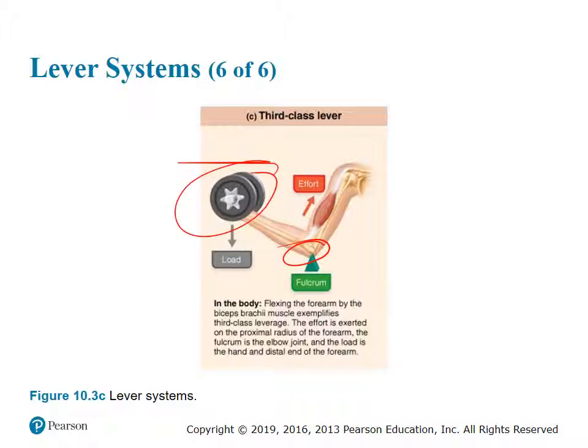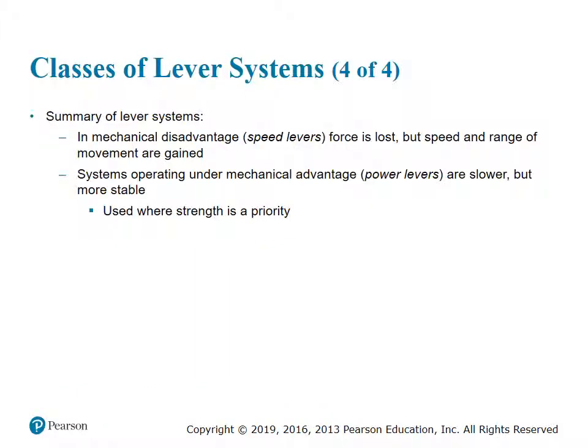And what's your effort? That's the bicep muscle going this way, causing the dumbbell to go up. So again, we use these three classes to describe the movement of muscle with the bone causing this movement.